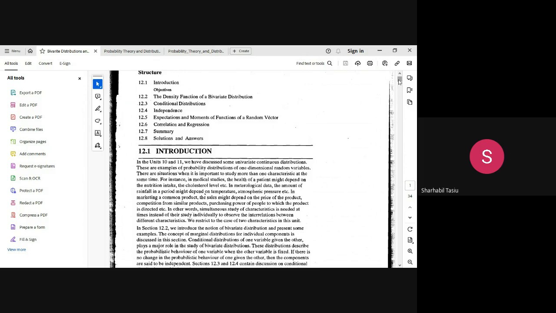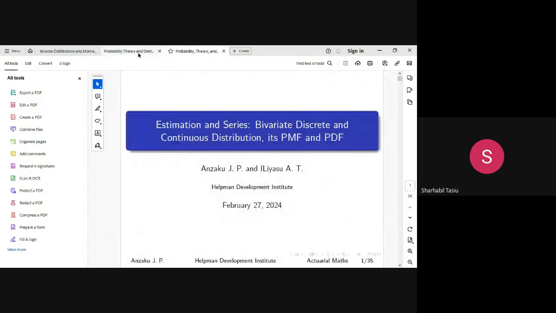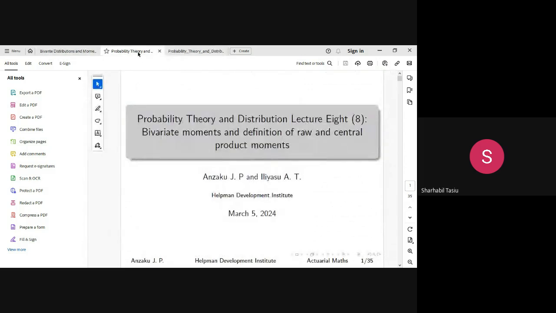We also talked about the bivariate distribution PMF. We also talked about the marginal density. From the joint probability density, where the joint has to do with both random variables, we can get the marginal density from the joint table, the marginal distribution table.